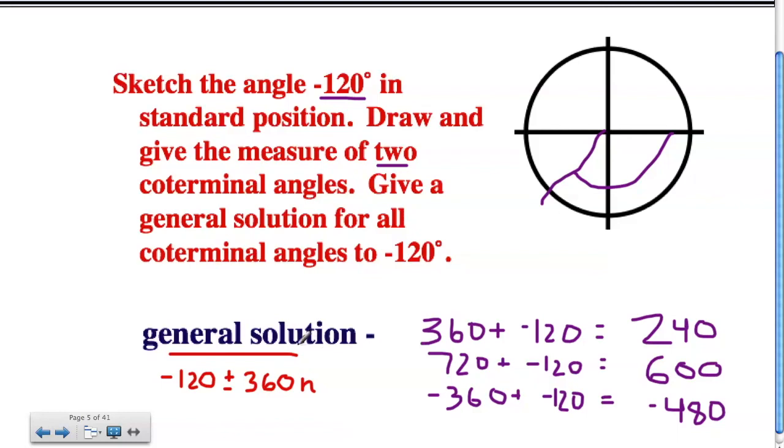Now, because this n can be negative integers, this negative you don't need, so I can take it out. So don't put that in there, just say negative 120 plus 360n, because n I can just make into negative 1, negative 2, which will get us the answer.